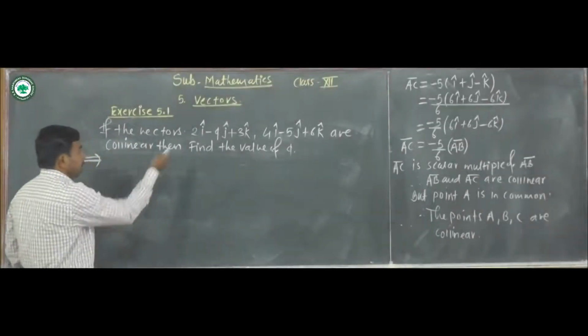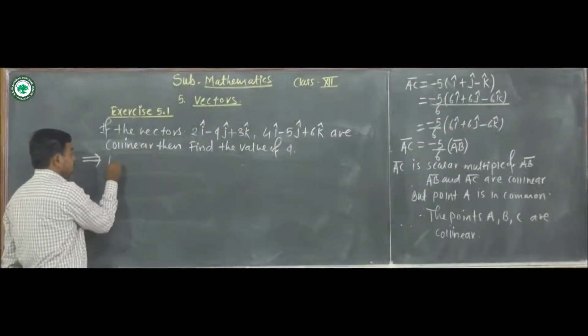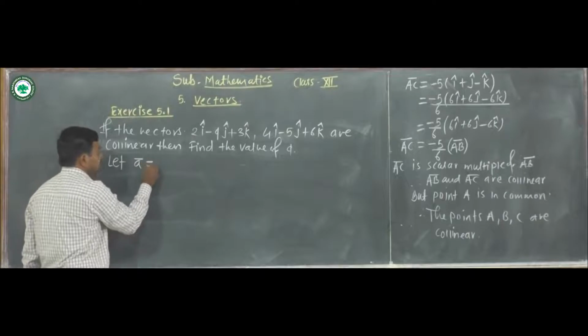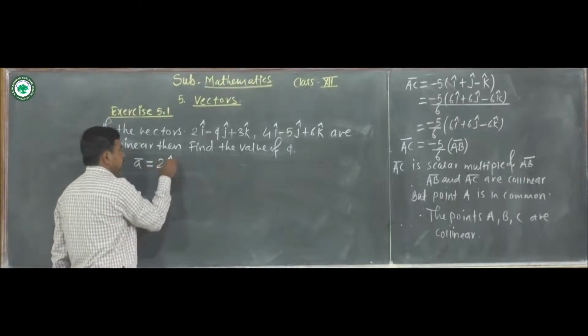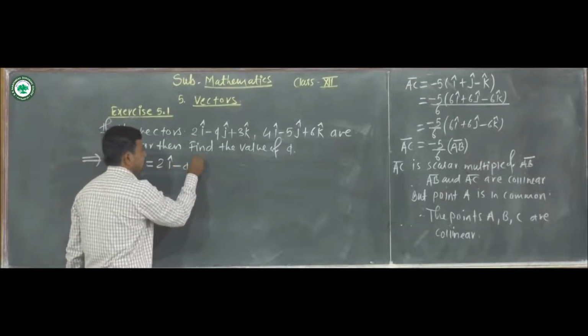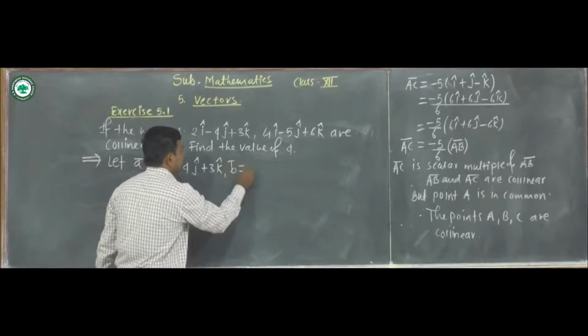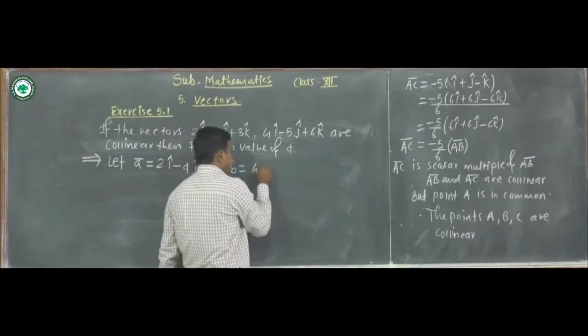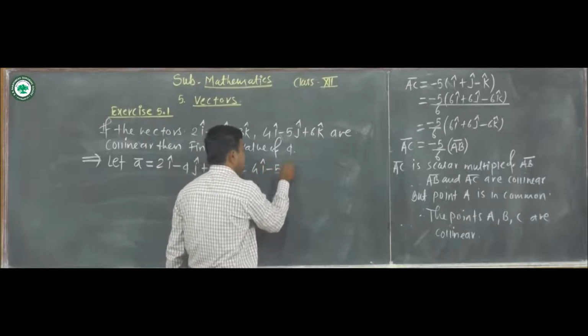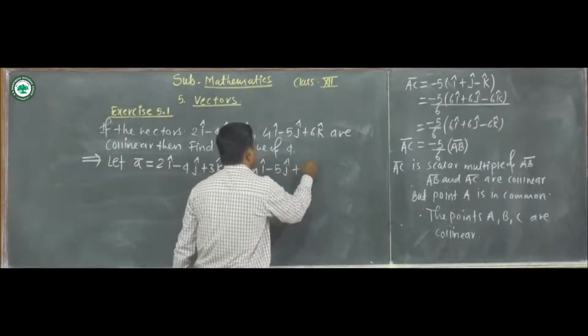Now come to the point. Here two vectors are given. So first we consider A bar equal to 2i cap minus q j cap plus 3k cap, and B bar equal to 4i cap minus 5j cap plus 6k cap.